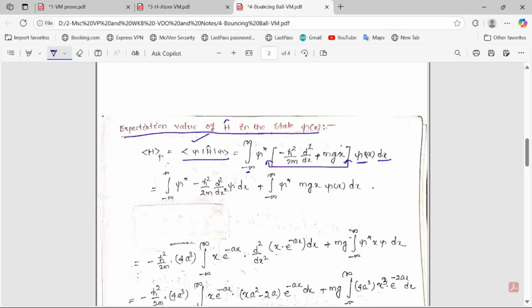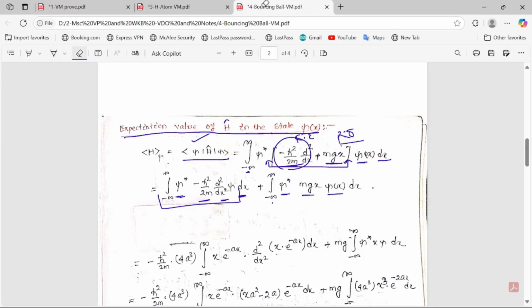Now segregate it into two integrations. This is the kinetic energy part, ψ* minus ħ² by 2m d² by dx² ψ dx, and this is the potential energy part, minus infinity to plus infinity ψ* mgx ψ(x) dx.